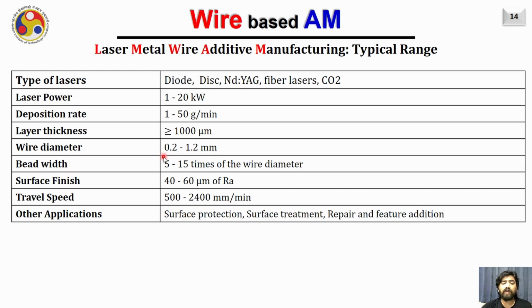However, obtaining a wire diameter less than 0.2 mm is very difficult, because the wire coming out of the spool retains the curvature of the spool, and due to that it may deflect here and there and may not hit the melt pool accurately, and your deposited bead may not be very accurate.